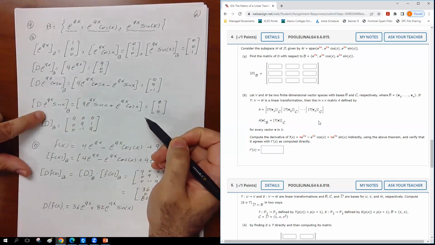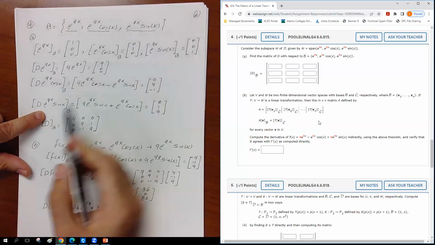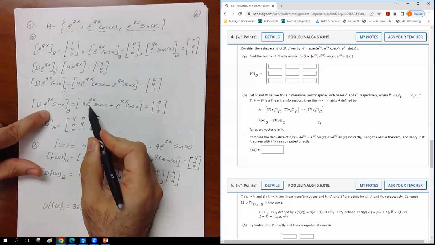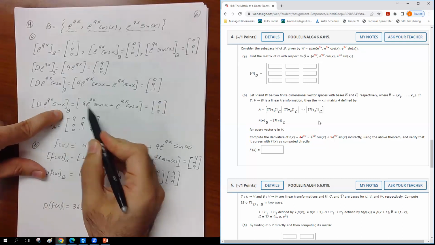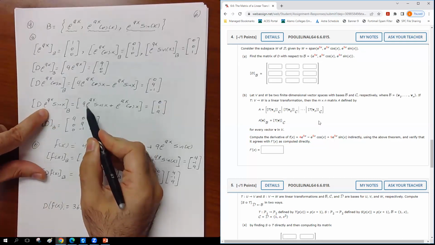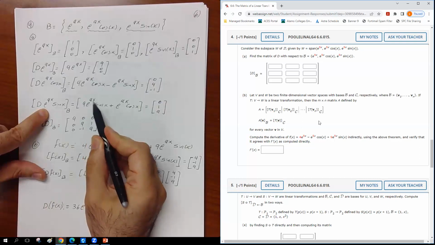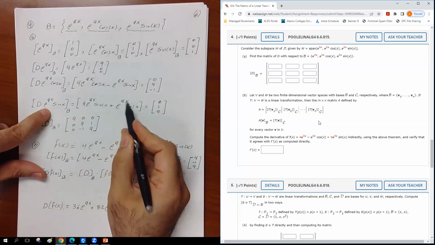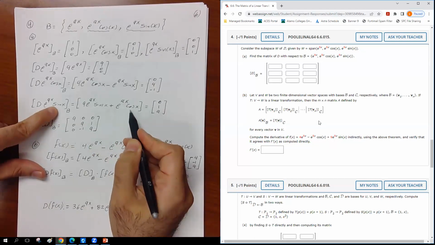The third column, we're going to find the derivative here. So the derivative is going to be the first one times the derivative of sine x times the derivative of e 9x, so it's going to be 9e 9x sine x plus e 9x, the derivative of sine is cosine.